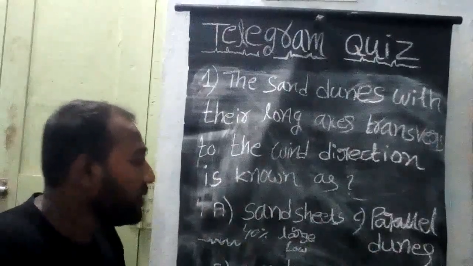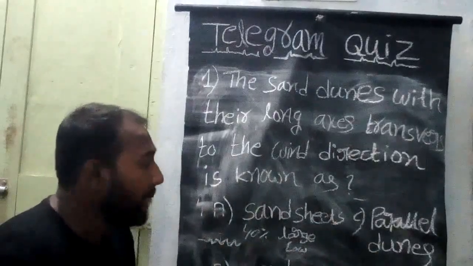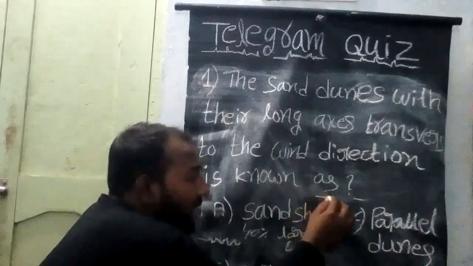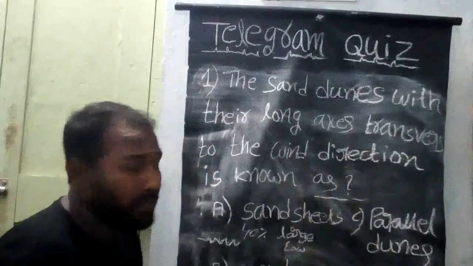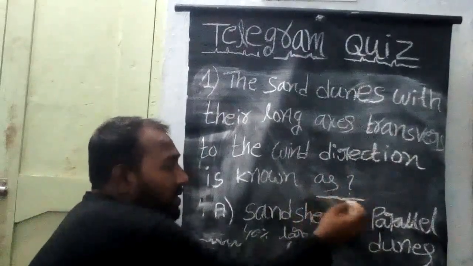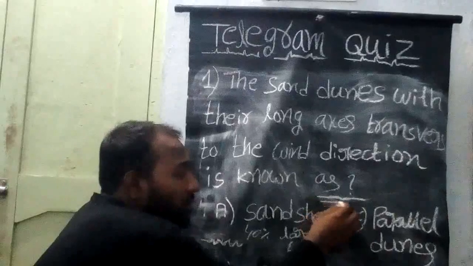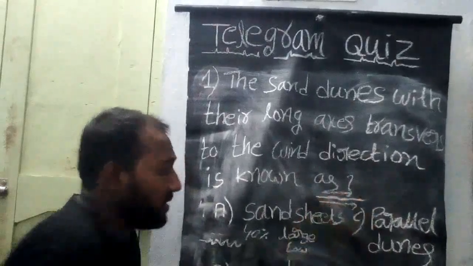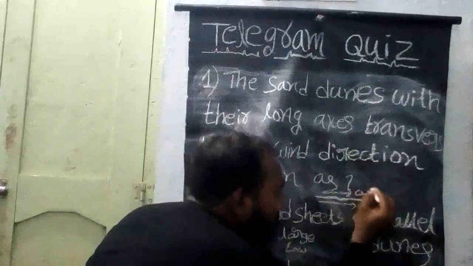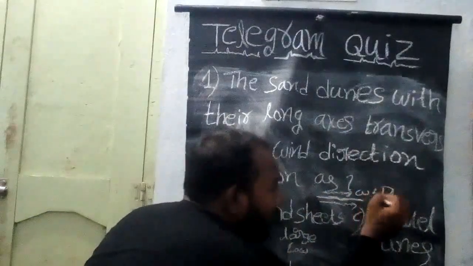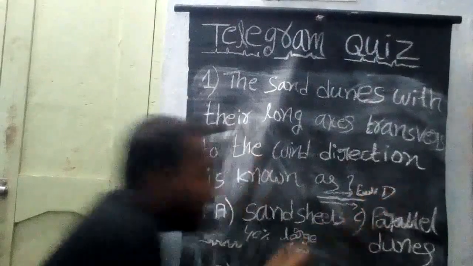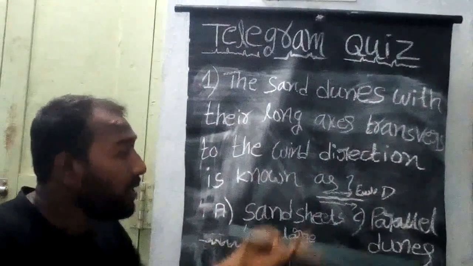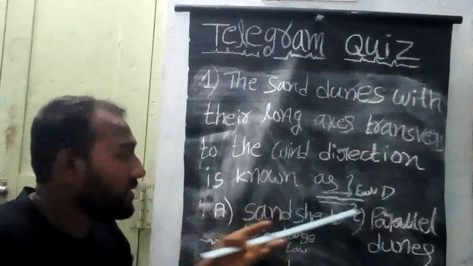Next, parallel dunes. What are parallel dunes? Parallel dunes are long and straight dunes which are parallel to the wind direction.